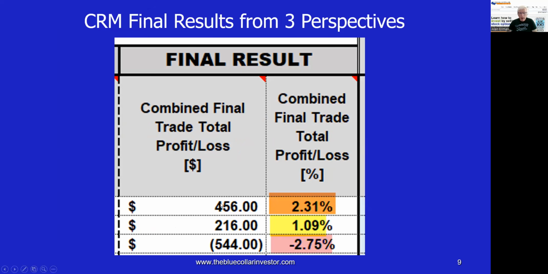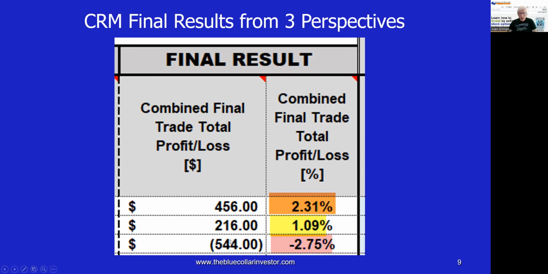If the price of the stock goes beyond the 200 call strike, we will have a net return, 31-day return of 2.31%. This is the trade management calculator post adjustment after expiration. Now, if the price of CRM remains the same and doesn't change, we have that net 1.09% 31-day return. And then we have our max loss if the price of the stock moves below the out of the money put strike.